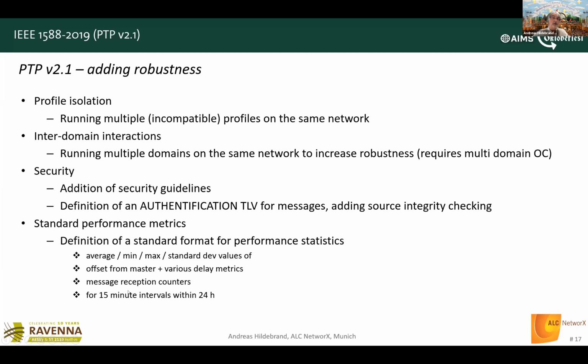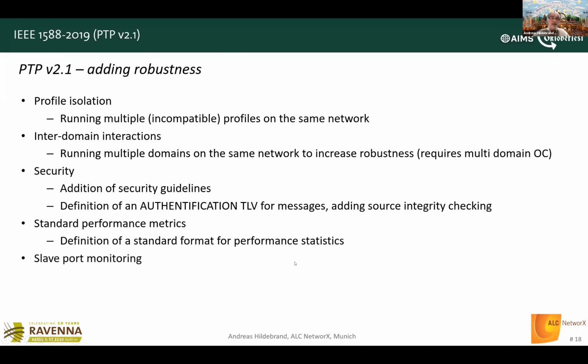It also introduces a message reception counter so that you can detect missing messages. And all of this is being recorded for 50 minutes intervals within 24 hours. So that results in a number of something like slightly below 100 values, which have to be permanently sampled and updated in a slave clock, and then they can be called through a standard format by a management device.